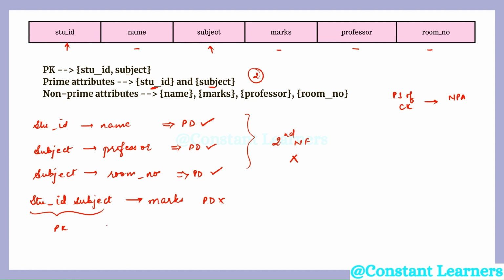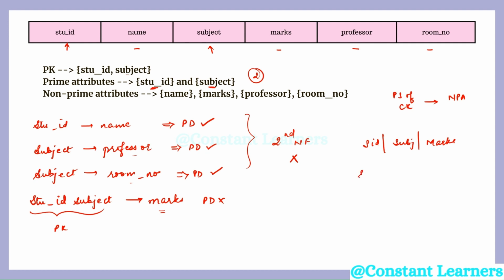In this case, first we will take the primary key and the attribute that is dependent on the primary key. So we have student ID, subject and marks. So we will get one table with student ID, subject and marks. This will be one table, correct? Then the second table will be subject, professor and room number, because both professor and room number are dependent on the same attribute, the proper subset of candidate key, that is subject.